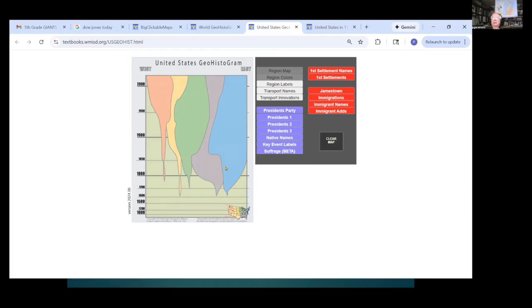This kind of indicates the general importance of the different regions here, where the color down here, basically the orange, is just California, Oregon, and Washington. That started out, and then it grew a little bit fast around 1850 when the gold rush happened.